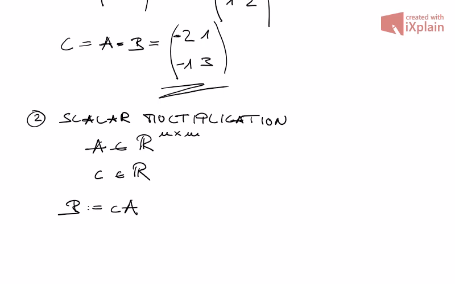What that means is, again, an element-wise procedure. So you have the scalar times the matrix, and that corresponds to C times each element. How many columns?